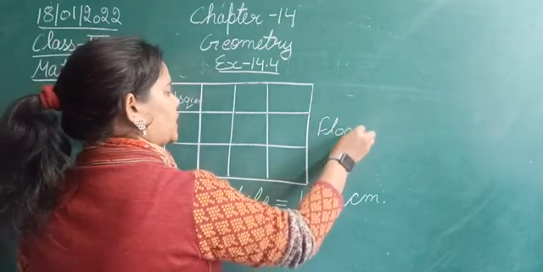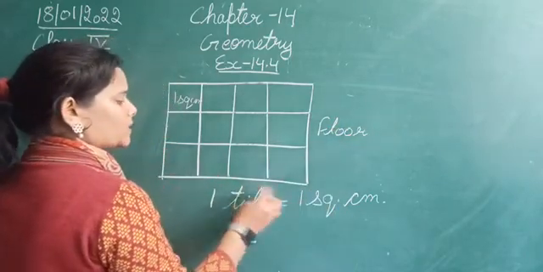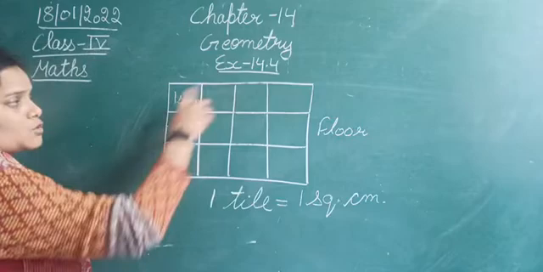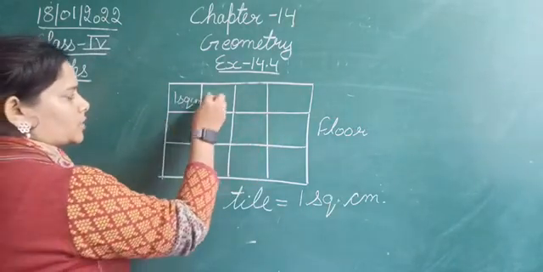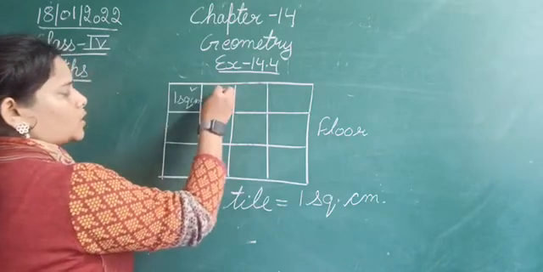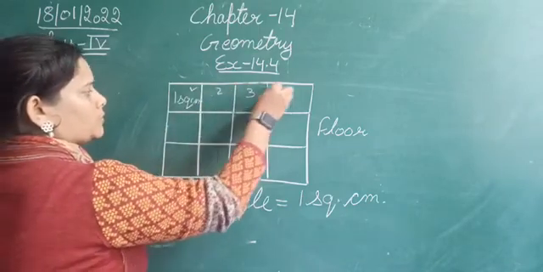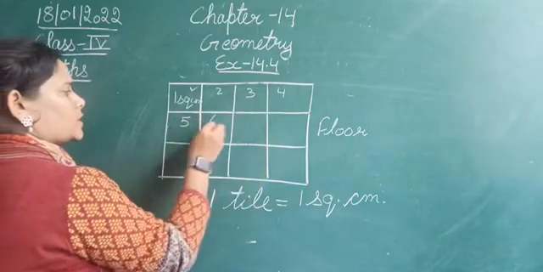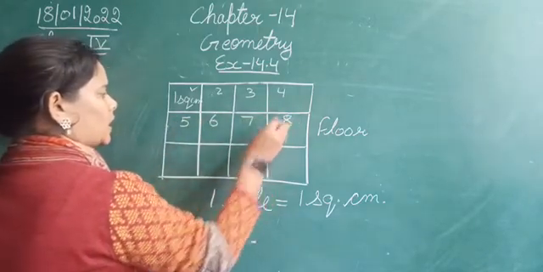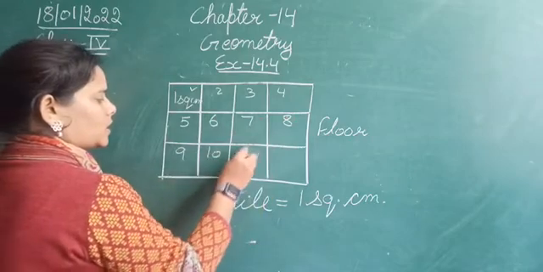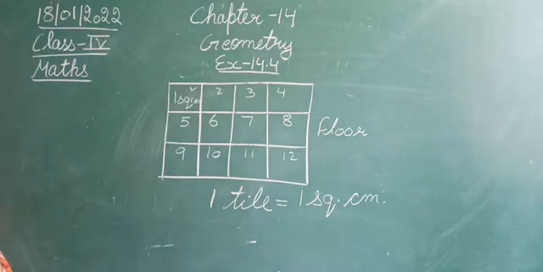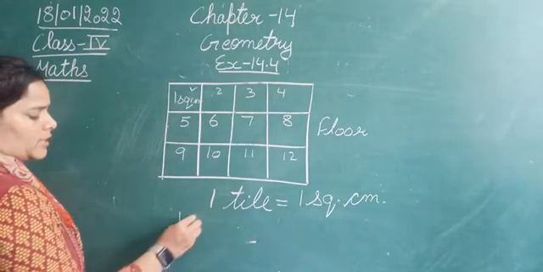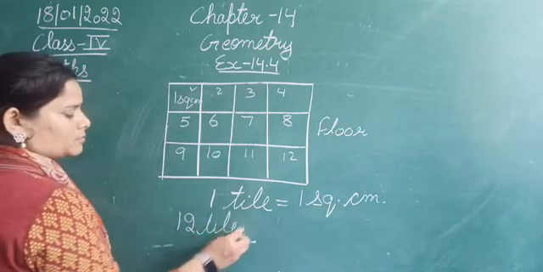So how many squares are there? 1, 2, 3, 4, 5, 6, 7, 8, 9, 10, 11, 12. So there are total 12 tiles. Total कितनी tiles हैं? 12 tiles.